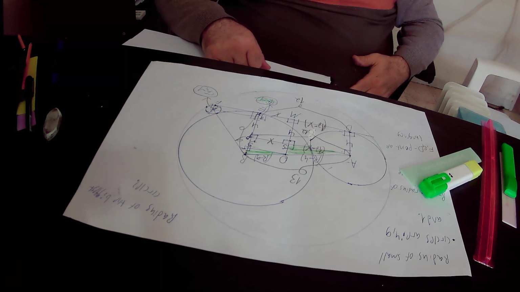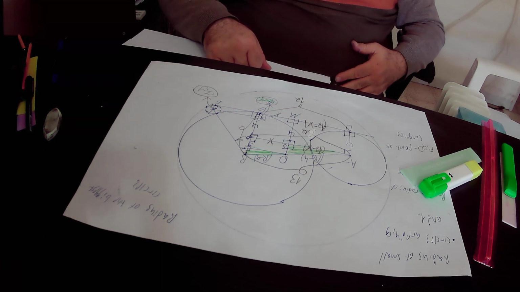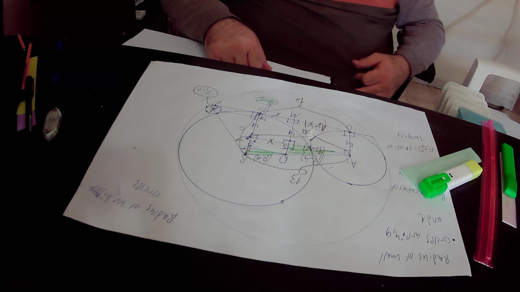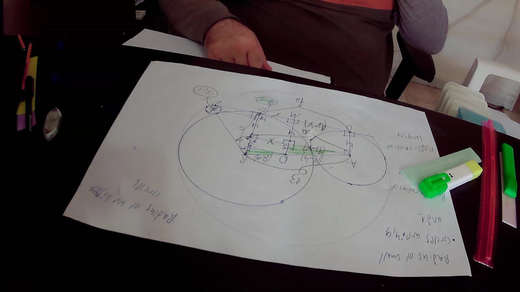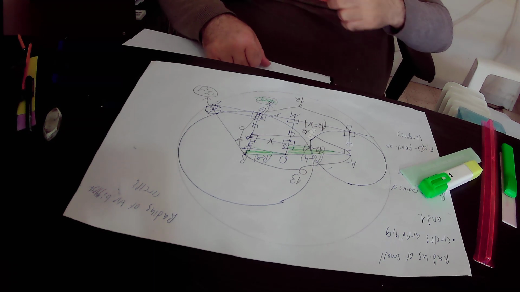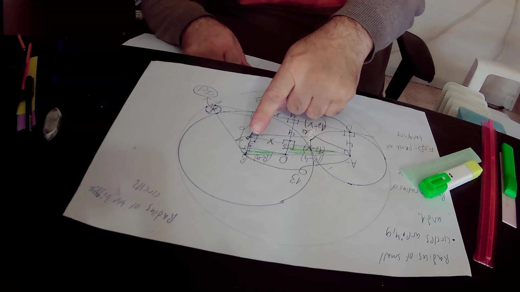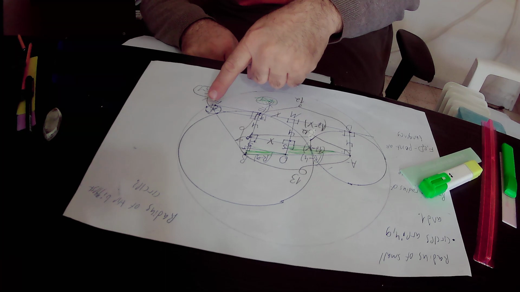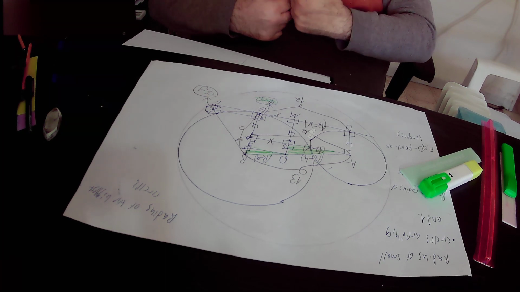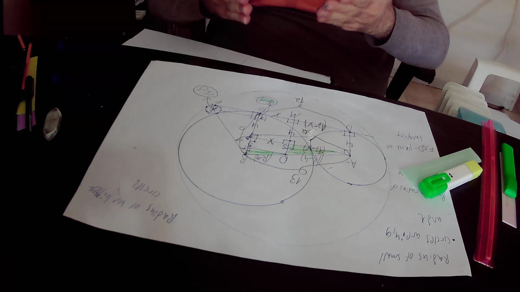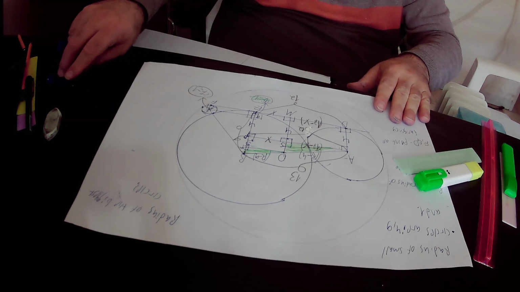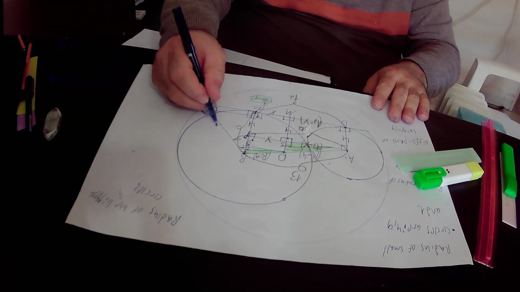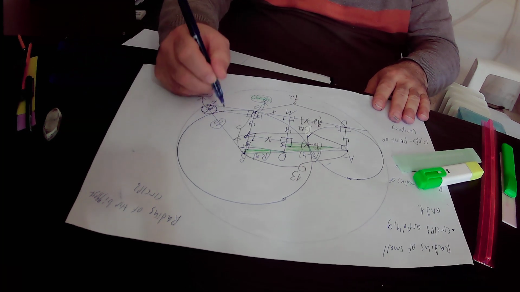In two circles that are touching each other externally, the distance between their centers is equal to the sum of the lengths of their radii. The radius of this circle is 9 units. The radius of the smallest circle is 1 unit. And the sum of their radii is 9 plus 1, that is to say it equals 10 units. So BC equals 10 units.